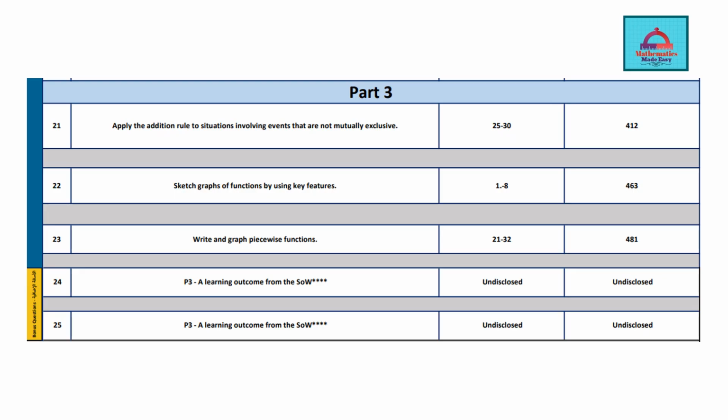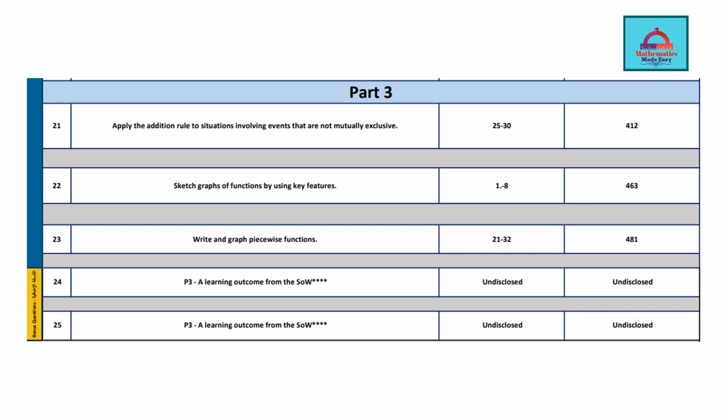So in today's revision session, we are going to focus on part 3, that is learning objective 21, 22, 23, and see how we can use the addition rule to situations involving events that are not mutually exclusive. We are going to cover 25 to 30 questions on your math book, page 412. Then we are going to move forward with learning objective 22 and sketch the graphs of function by using their key features.